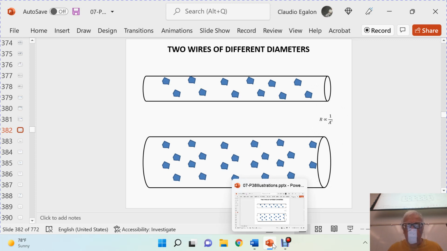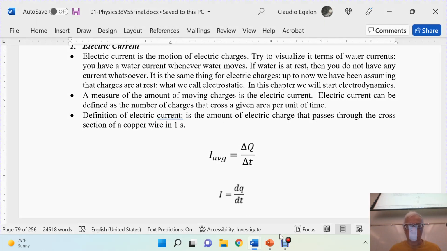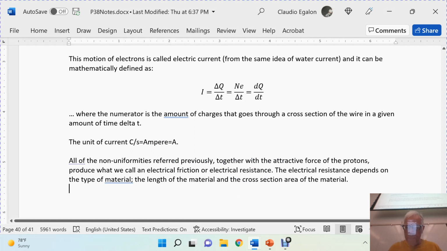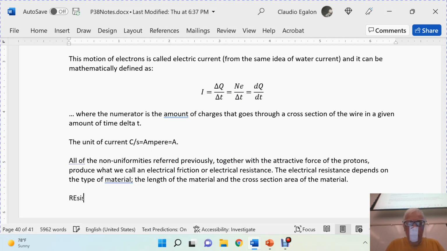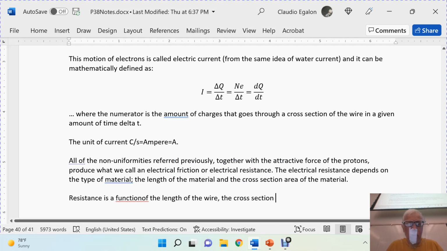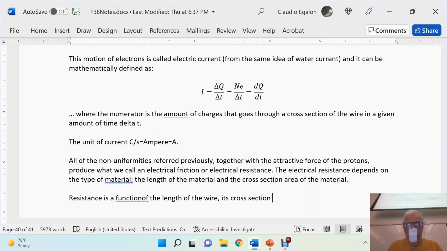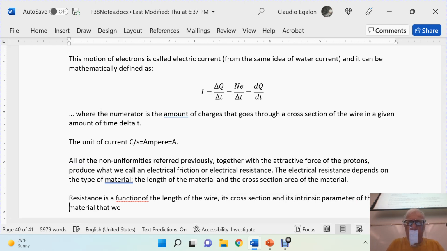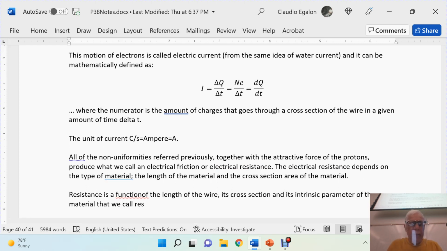Here you go. Resistance is a function of the length of the wire, its cross section, and an intrinsic parameter of the material that we call resistivity.